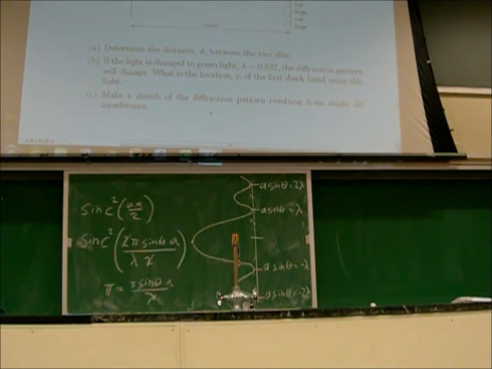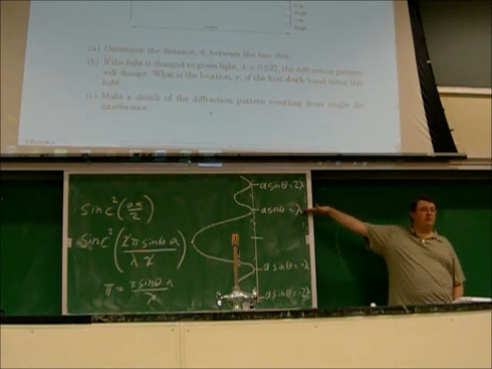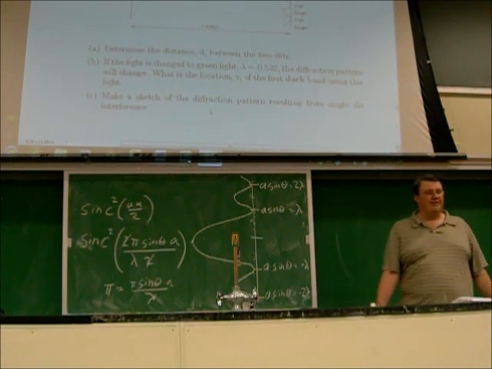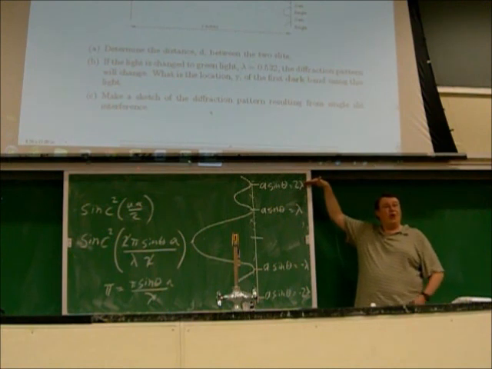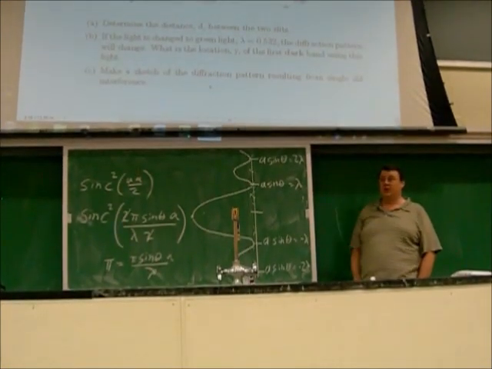So, you remember the feature analysis we did a few minutes ago? That's what you do here. You pick a feature, like this one. This feature is known by A sine theta equals lambda, and also by tan theta equals y over d, because that is just geometry. That will be two equations and two unknowns. This feature, on the other hand, is known by A sine theta equals twice lambda and tan theta equals y over d.